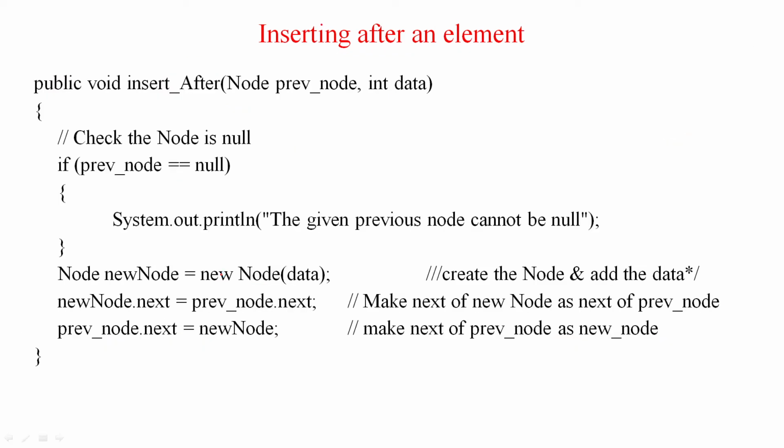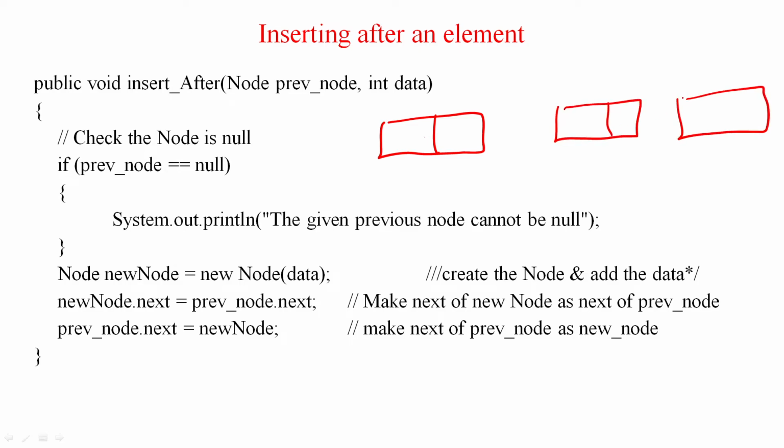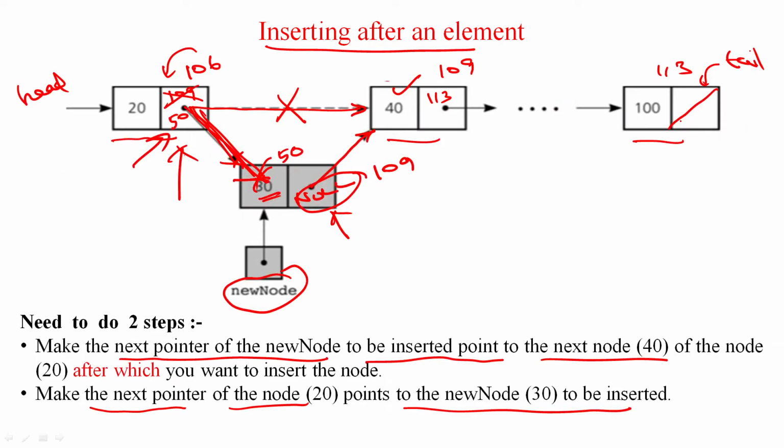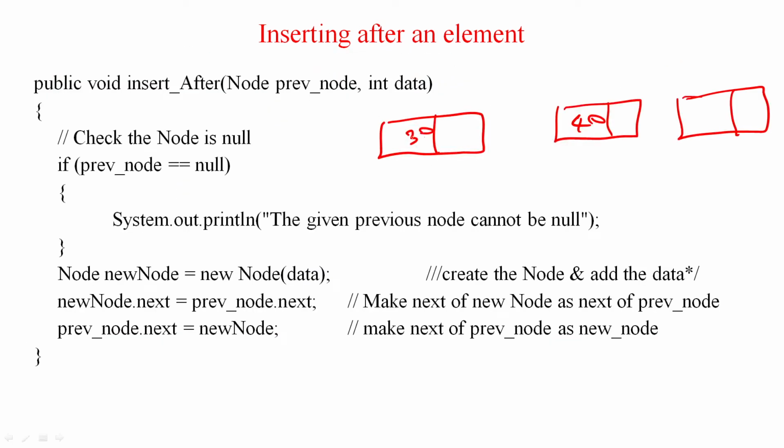So that's what we have to do now in Java. Here we are given three nodes already existing: 20, 40, 100. Let's take the addresses 106, 109, 113.